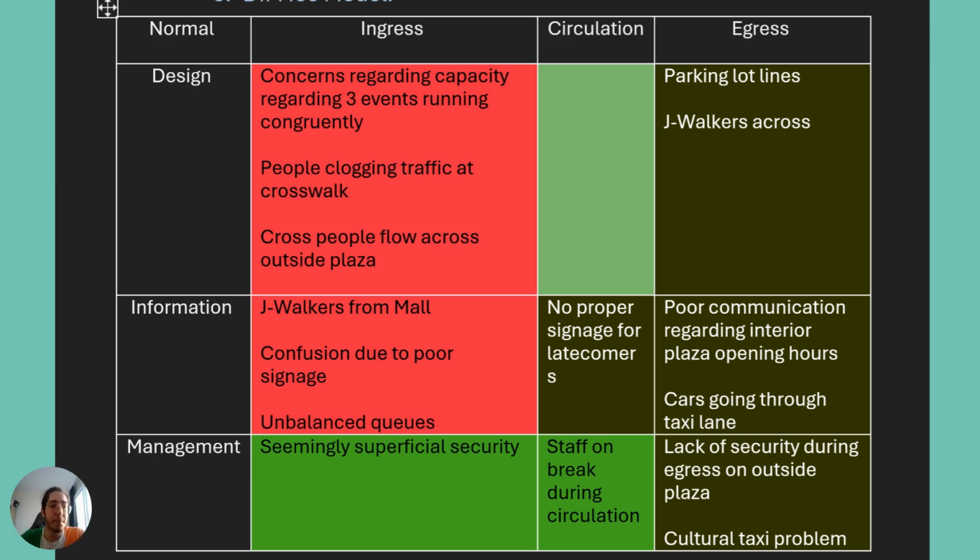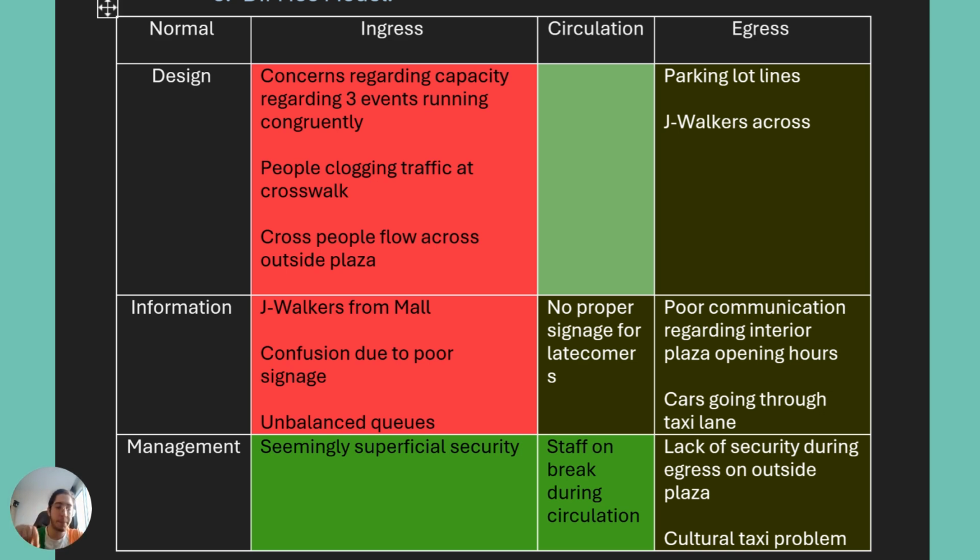There is not enough security, because we didn't hire enough people, and there is a cultural taxi issue, which is again an issue with the taxi staff. It's not about how we communicate to people, and not about how we design an area. These sit in the yellow area because they might be issues, but they're not as big and dangerous as they could be.